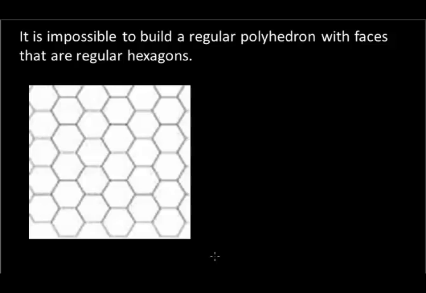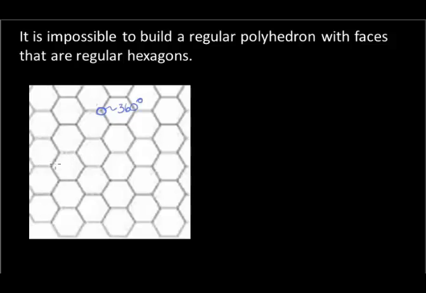And now, how about hexagons? Well, notice if we join hexagons, 3 of them, each of these angles is 120. So we have a total of 360 degrees at each vertex. So we are not getting 3D.